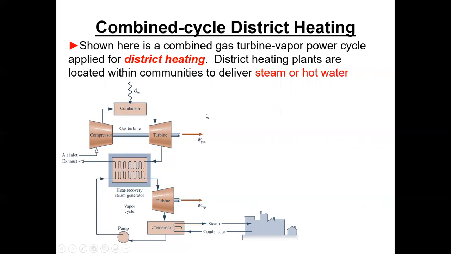Now in this diagram, they're showing a condenser, and we just have a water loop circulating through this, which in this case shows it generating steam. It could just generate hot water, whatever, and it gets pumped off to town, and people pump it into their houses, and that's how they heat.